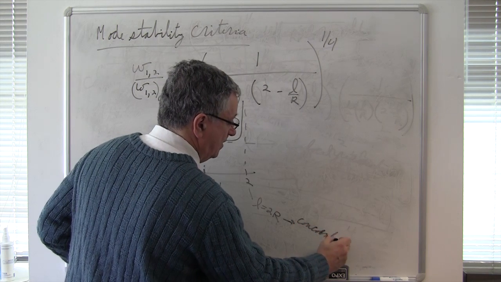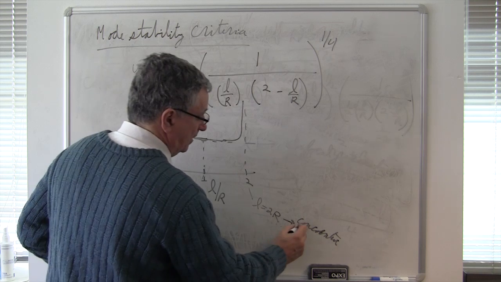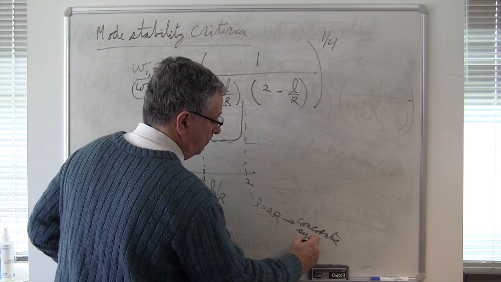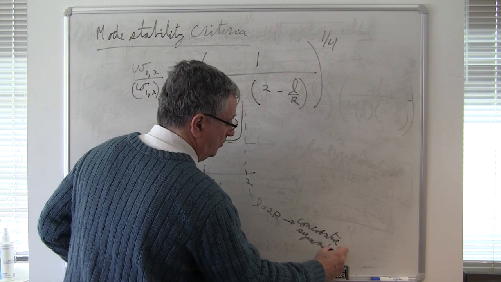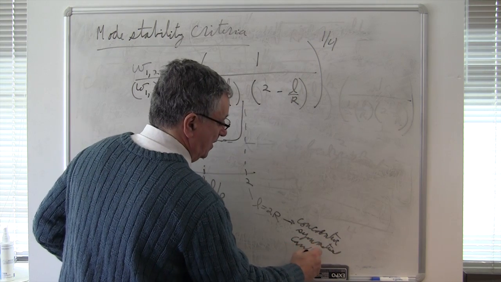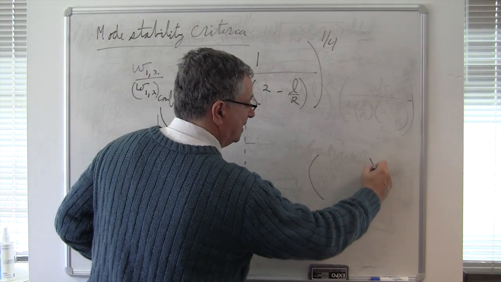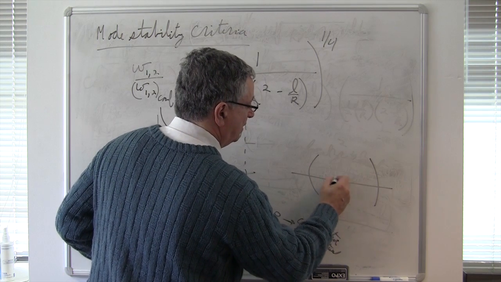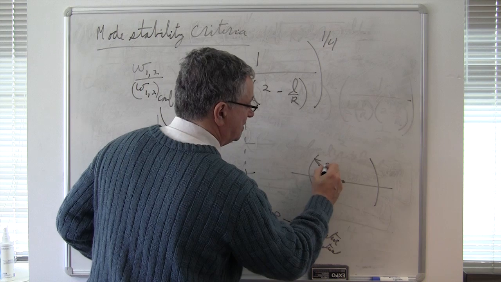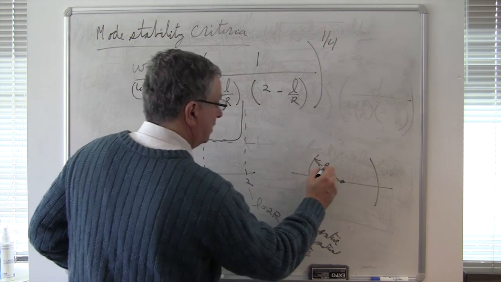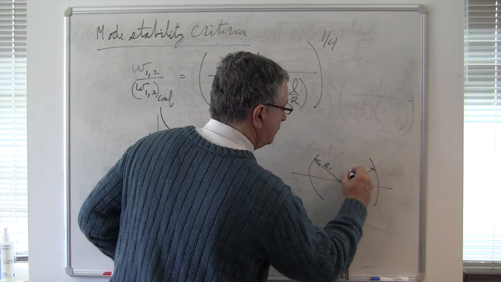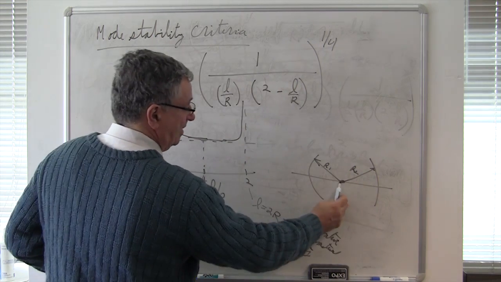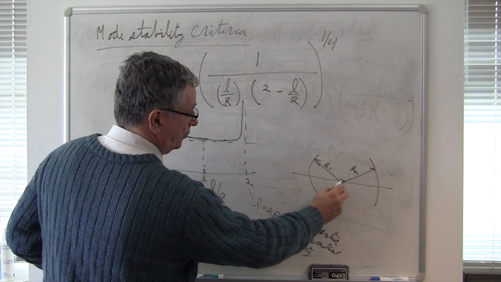Concentric symmetrical cavity. What it means is that you get your two mirrors here. The center of this cavity, where this is R1 and this is R2, they are concentric. They have the same center here.